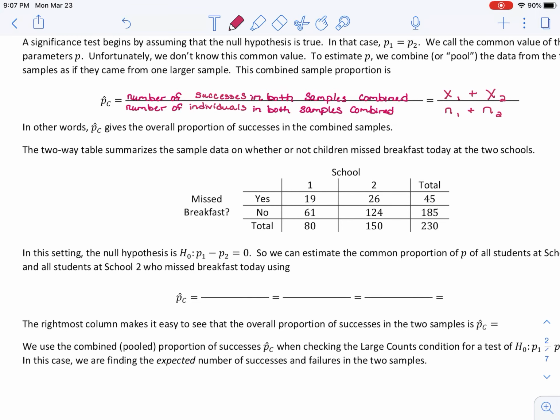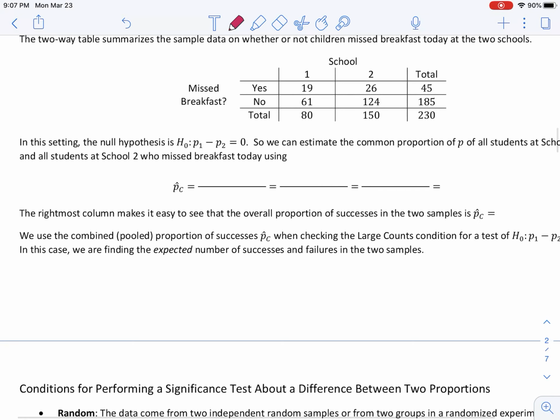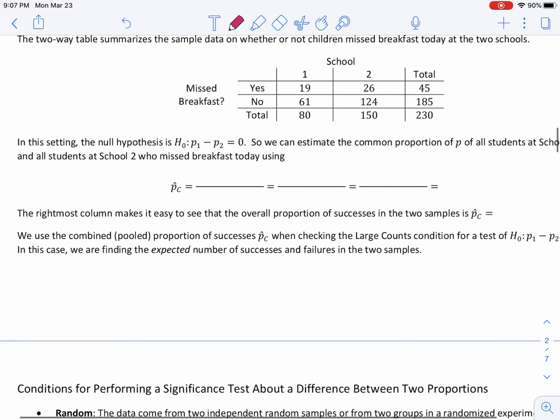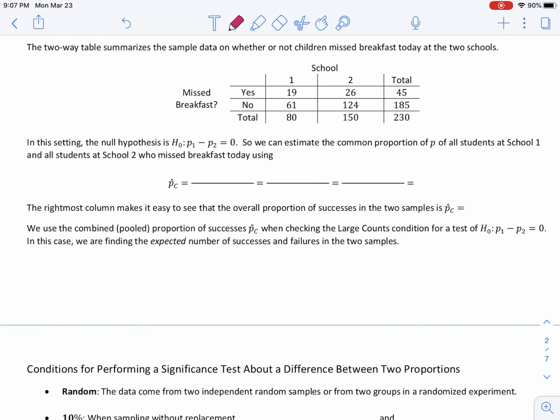So looking back at this two-way table now, we have the school's data for school 1 and school 2. We have their missed breakfast totals or not. Our null hypothesis is assuming there's no difference. If we assume there's no difference, we can estimate what P would be by just pooling these two groups of data. So again, I'm going to take the count of successes from the two groups and put it out of the sample sizes of the two groups.